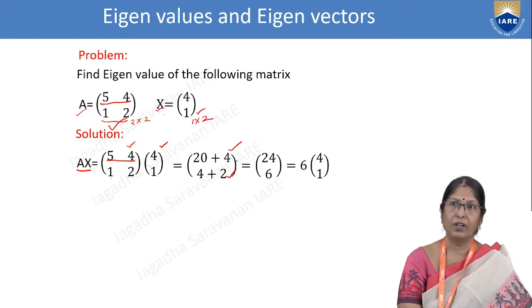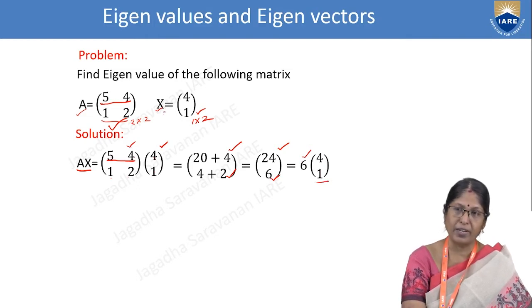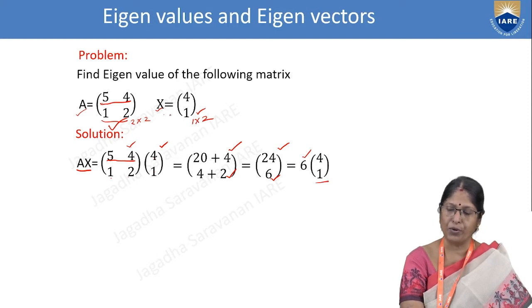So 20 plus 4, we got 24, and 4 plus 2, we got 6. In 24 and 6, 6 is common; taking it out, the balance is 4, 1. This column matrix is nothing but capital X, which is given in the question.